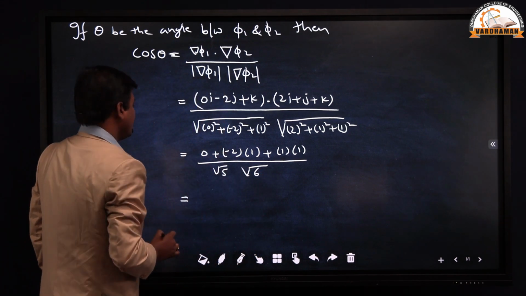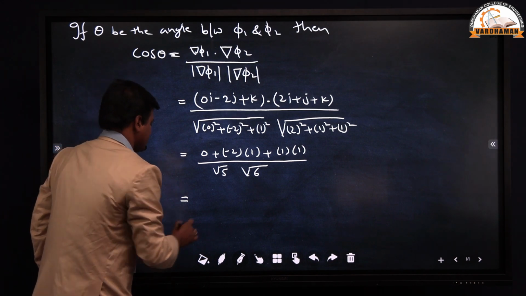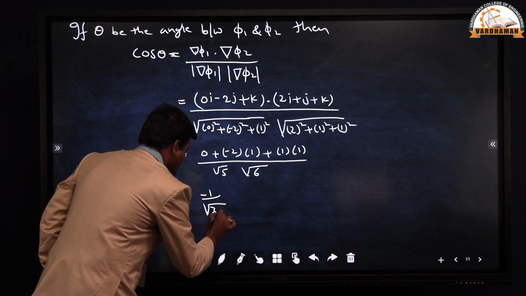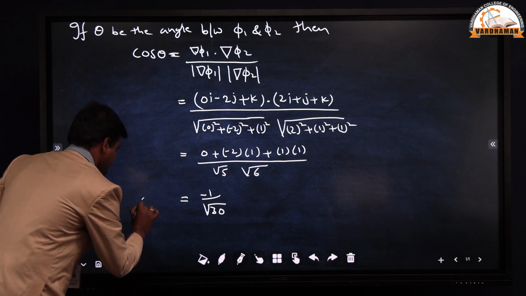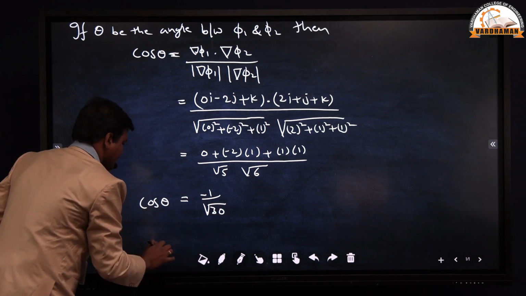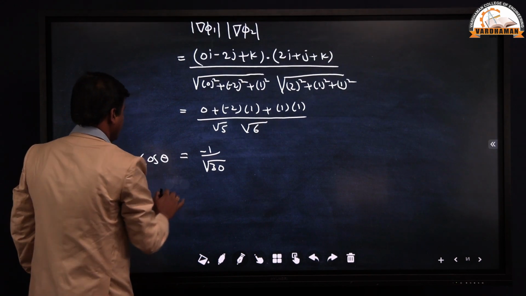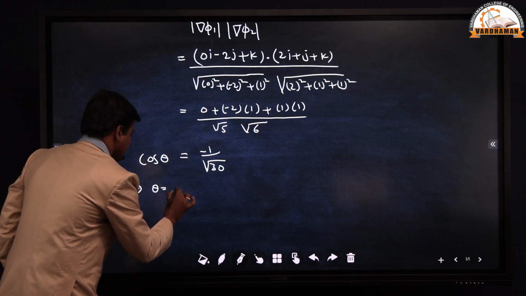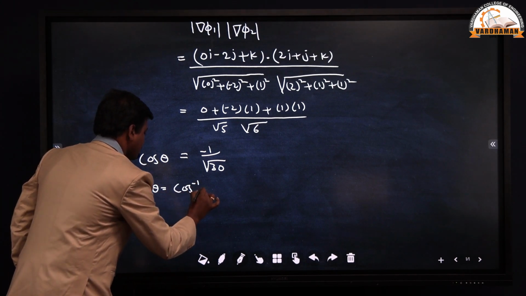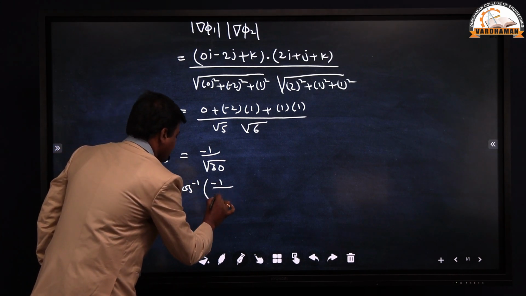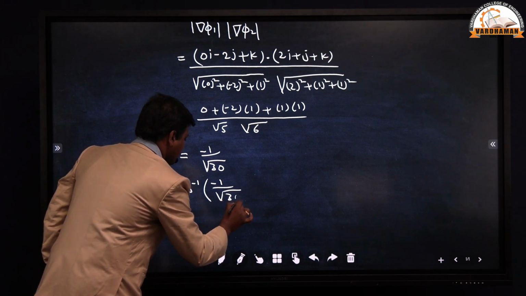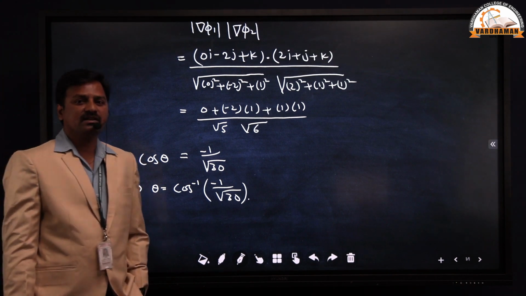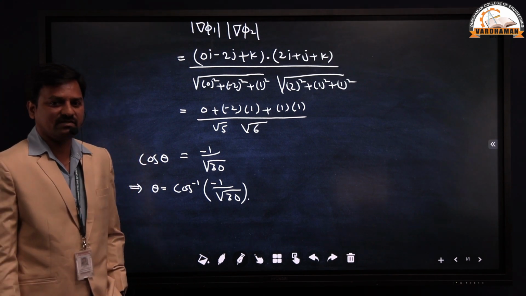This equal to minus 2 plus 1. So minus 1 by root 30. Cos theta equal to this implies theta equal to cos inverse of minus 1 by root 30, which is the angle between the two given surfaces.